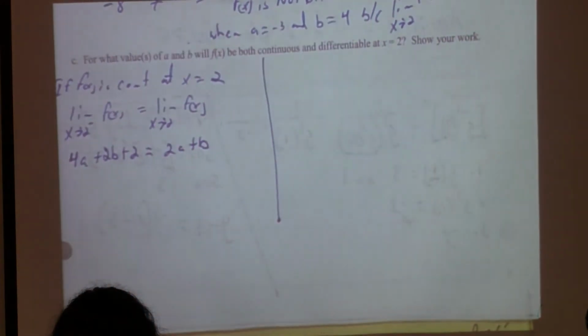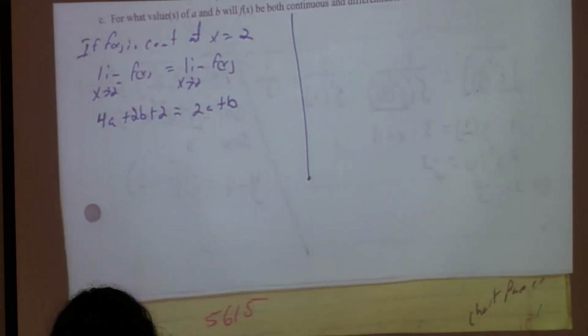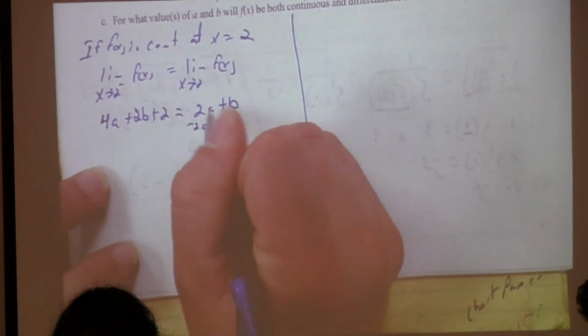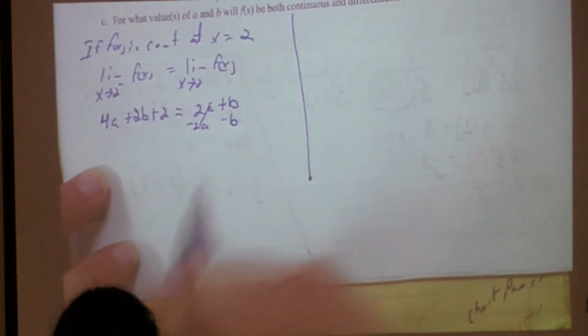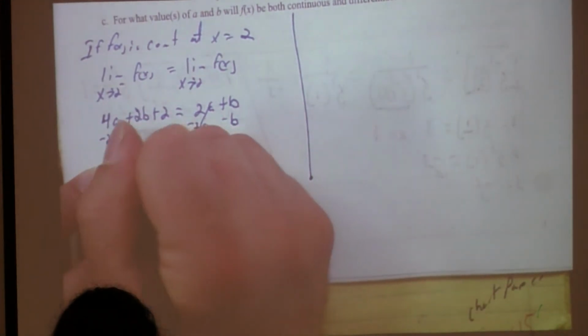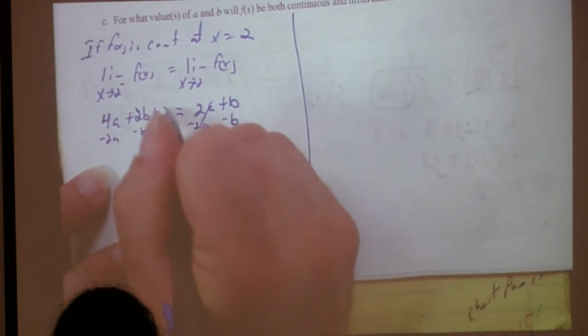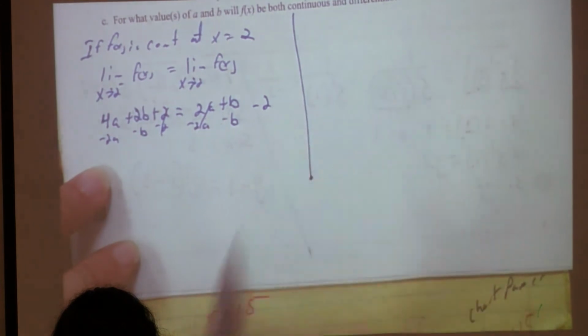So that's going to give me 2a plus b. And we already know that eventually in this problem, we're going to have to come up with a system, right? So let's put it in a form that I'm going to be able to work with. So let's put it in standard form. Let's subtract the 2a and then the b, and then we're going to subtract the 2, so we move it over here.